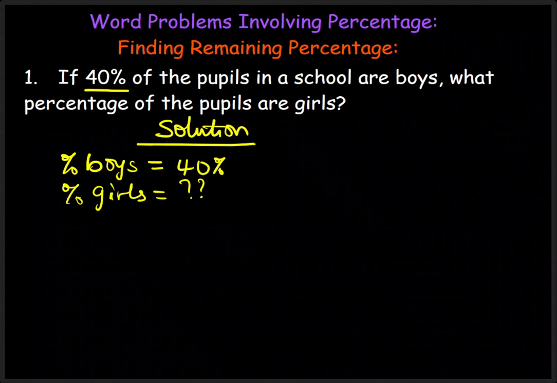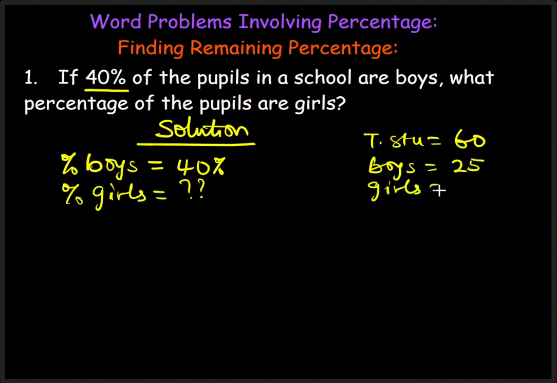Now I will make a simple illustration. For example, if you have a class and total students equal to, maybe, 60 students in that class, and you have boys in that class equal to 25, and then the remaining students are girls. Girls, question mark.